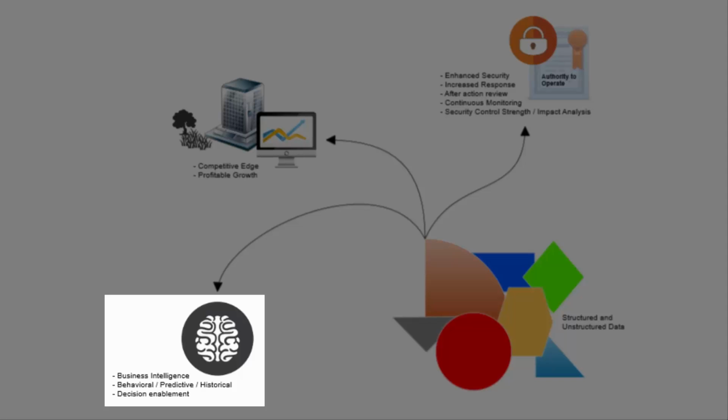And so this third phase, decision enablement, which is really what a lot of data analysis and analytics, big data is associated with, is kind of this predictive business intelligence, decision enablement, behavioral, predictive, historical. That's usually what people think of when they think of big data, but I would not say that that's the low hanging fruit.